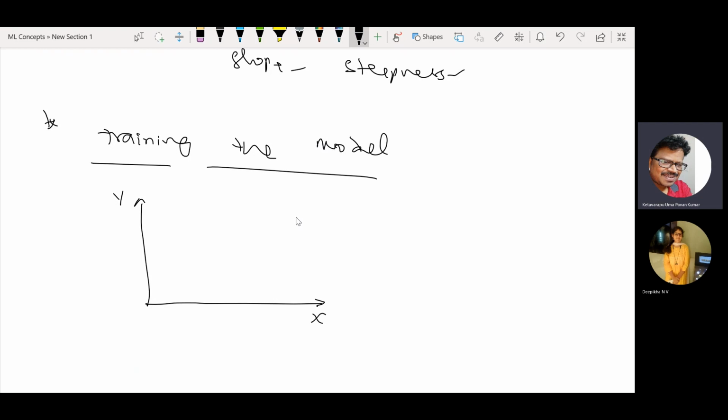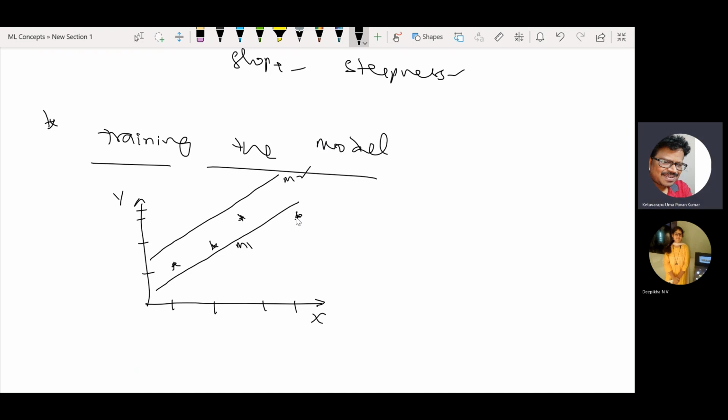So suppose I place the appropriate values corresponding to x and y, maybe here, here, here. Now we select some model and establish a relationship. This is model one, maybe. And we establish one more model, M2.